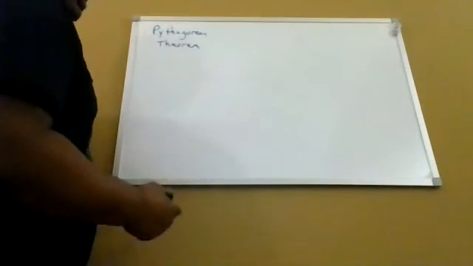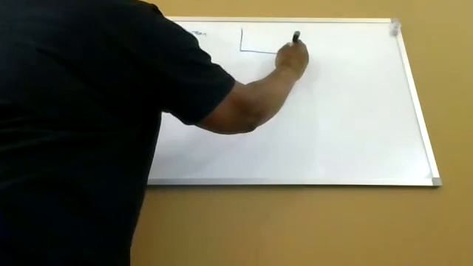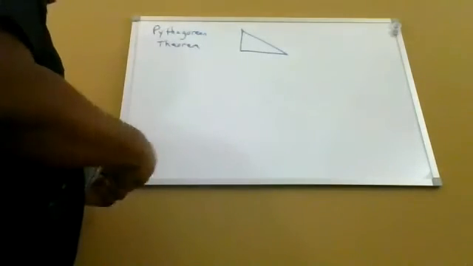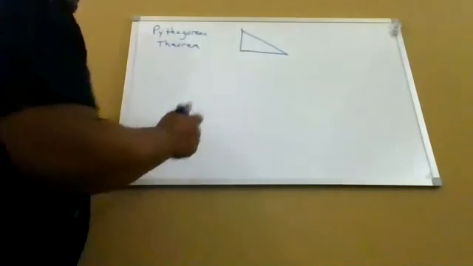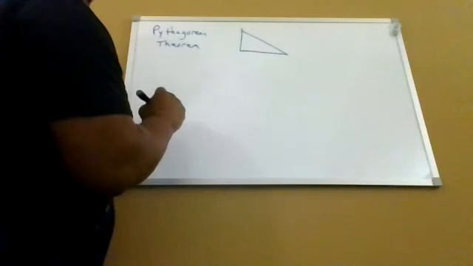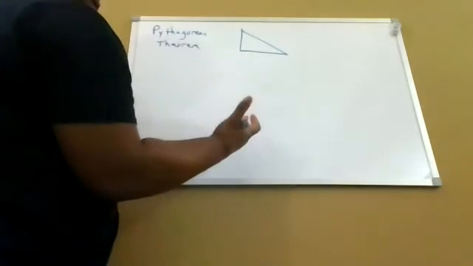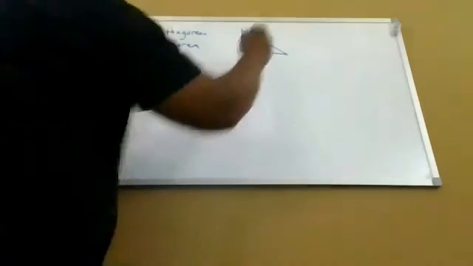So you ready to draw my right triangle? This time I'm going to have my hypotenuse C be 5.